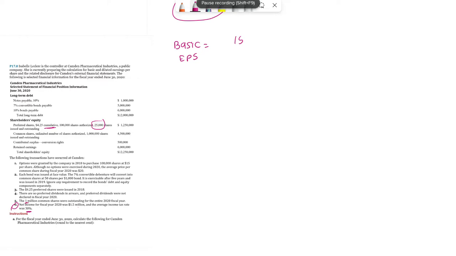So we have 1.5 million, that's my net income, minus your preferred dividend. If they didn't pay any, we need to look at it. Are they cumulative? Yes, they're cumulative. If they're cumulative, they don't need to declare it. They're saying there are no preferred dividends in arrears. Preferred dividends are not declared.